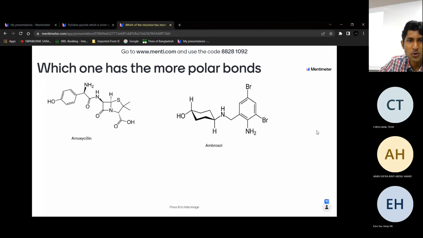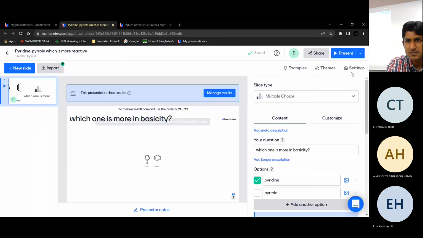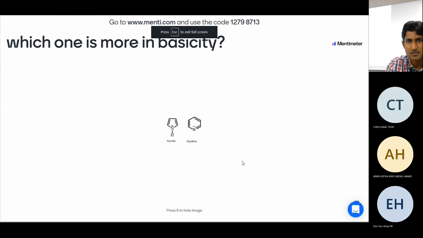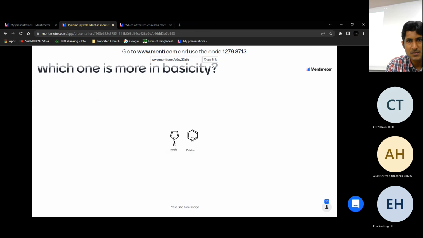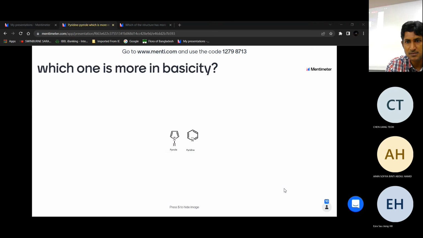Which one has the more polar bonds? Oh, did I ask this question before? Okay. So go to the other one. Copy link. Paste it here. Just hold on here.